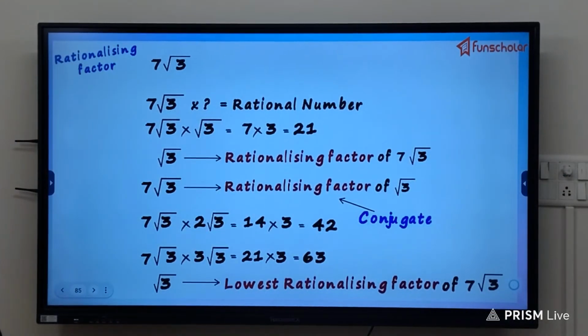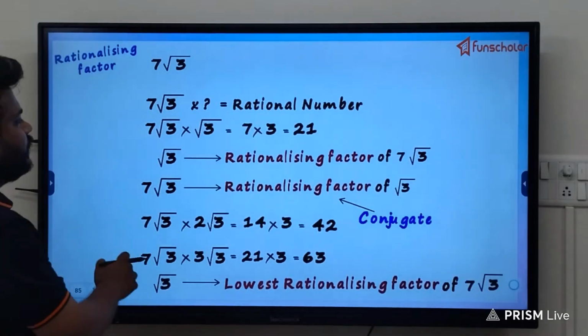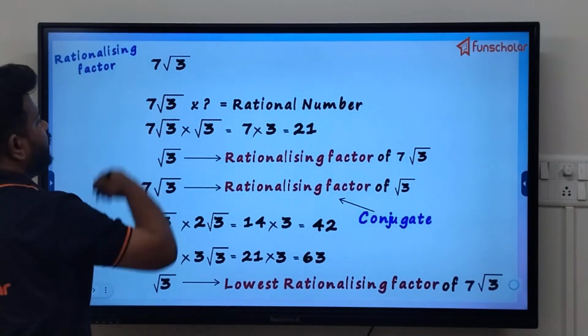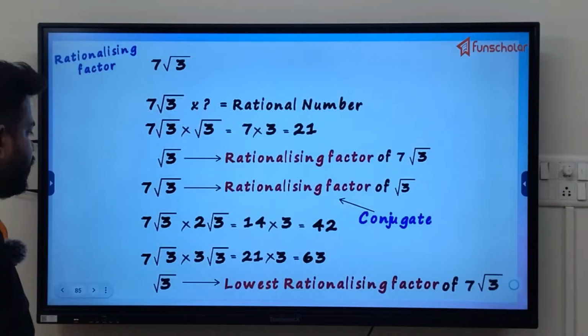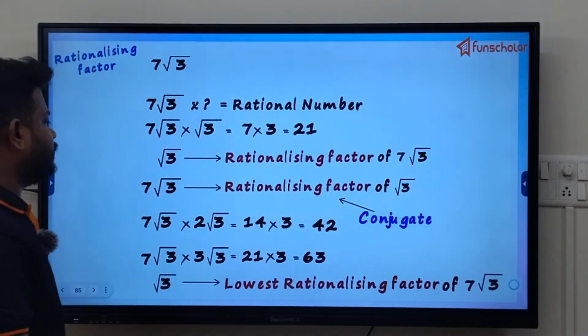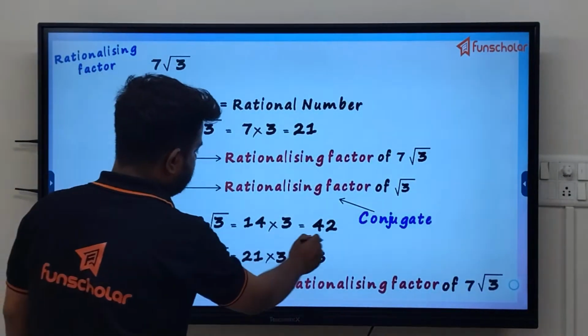Now, rationalizing factors. The rationalizing factor of root 3 will be root 3 because it will be multiplied in the upper position and it will give us these numbers.